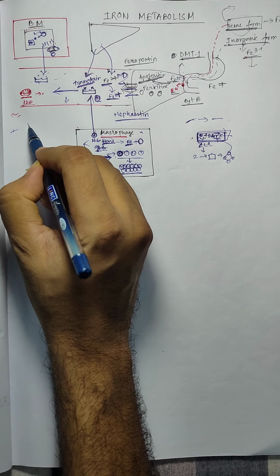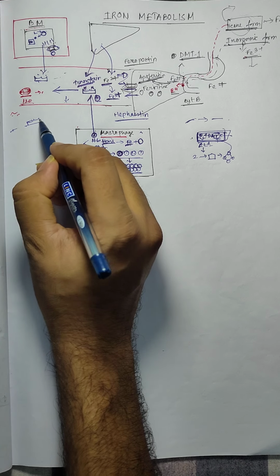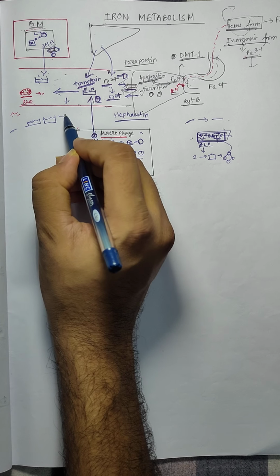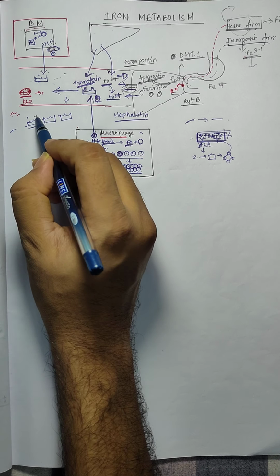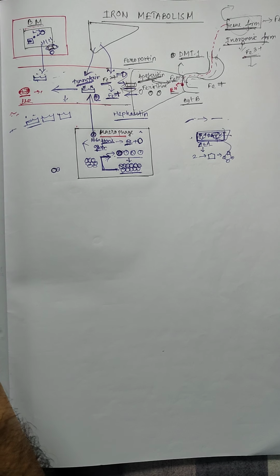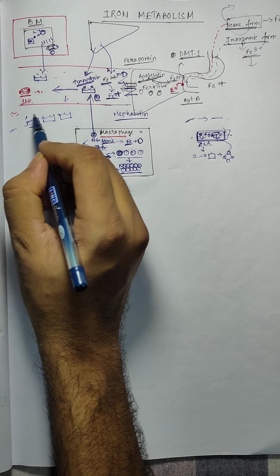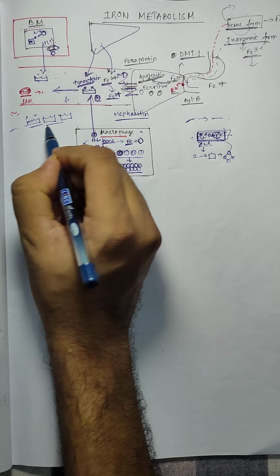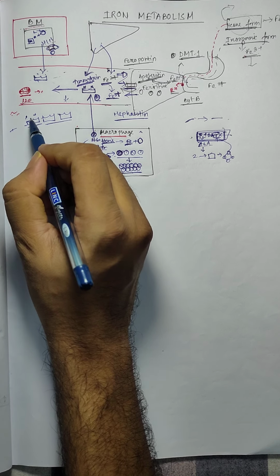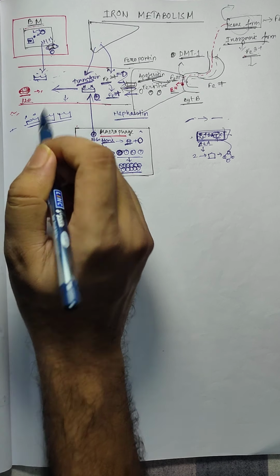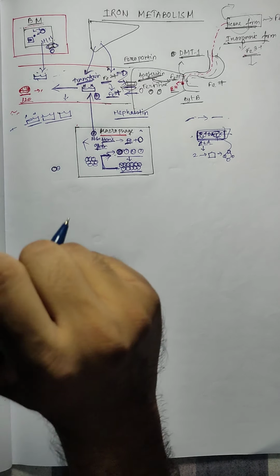If there are 3 binding sites on transferrin, only one of them is bound to the Fe molecule, and the rest, 2/3, are not bound to iron. That means the normal saturation of transferrin is 33%.